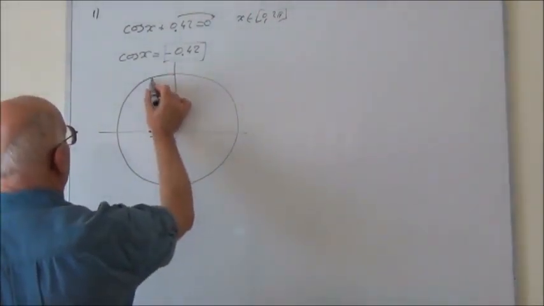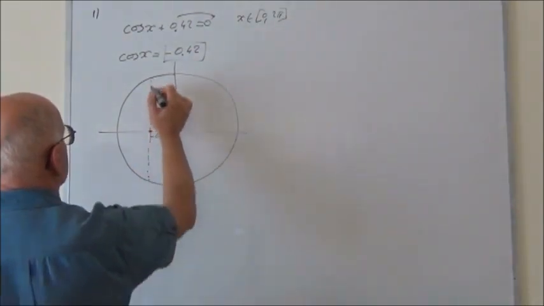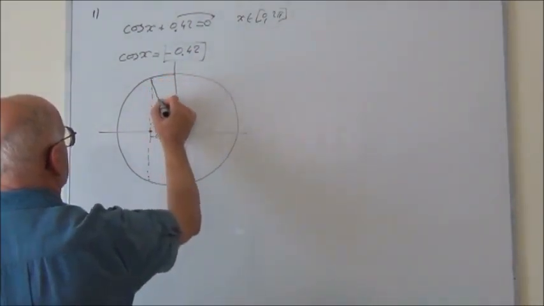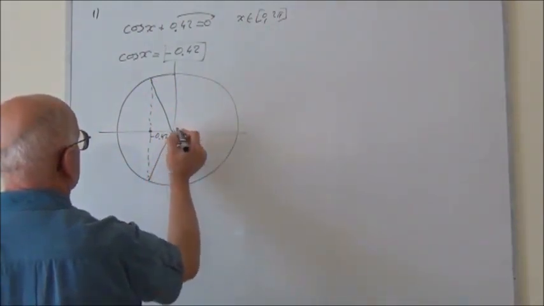Now, two possible angles, two possible solutions, are this one and this one.